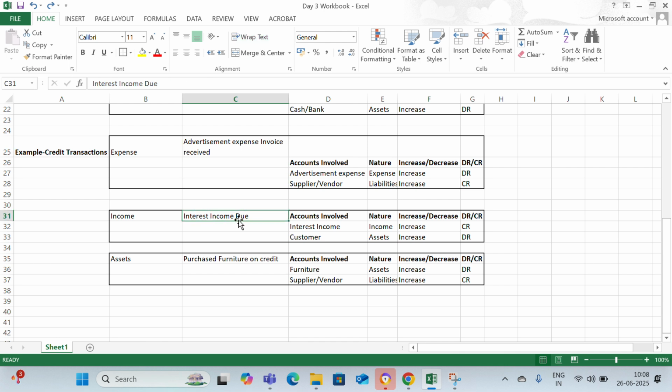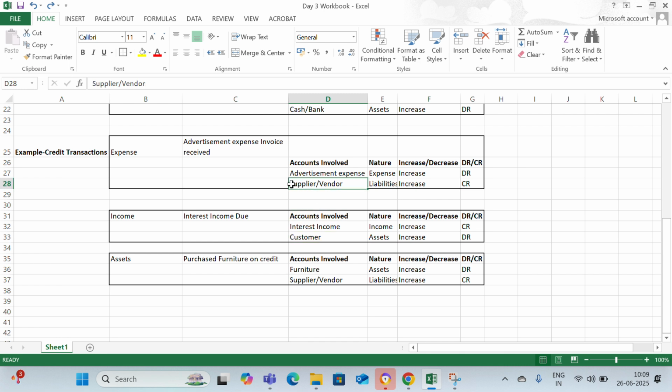The interest income has just been due, we have not actually realized that. Furniture has been purchased on credit. So the accounts involved on the first part, advertisement expense, interest income, furniture, will be the same. The thing that will replace cash or bank is the supplier or vendor or customer, right?